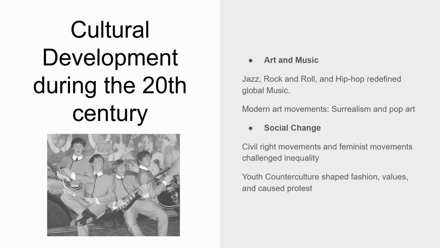Another social change would be the youth counterculture shaped fashion values, and it caused much protests, specifically private protests in between families, because after World War II, the people wanted more liberty and freedom to do whatever they want to, because after seeing that from one day to another the world could go to end, your life could end easily, the entire city, country could be diminished to a few rubbles.